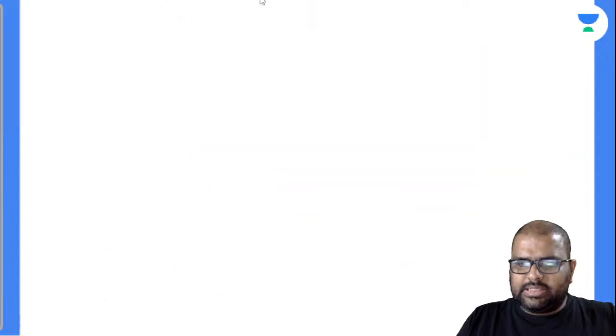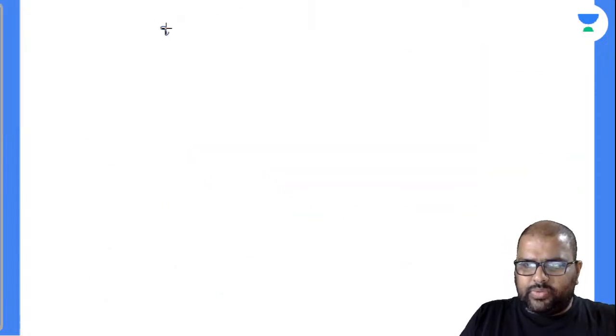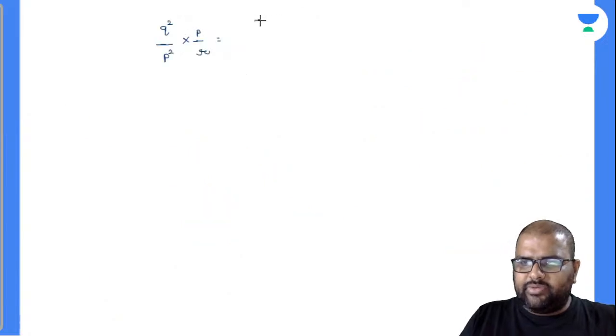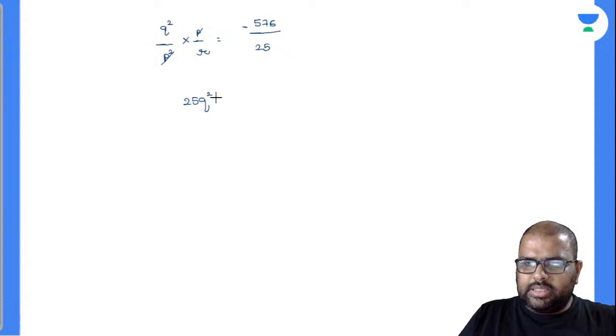So in the next equation, this will be q square by p square into p divided by r is equal to, see here, minus 24 into minus 24 will be 576, by minus 25. So finally pp gets cancelled. So 25 q square is nothing but equal to minus 576 pr. Now this will be the answer.